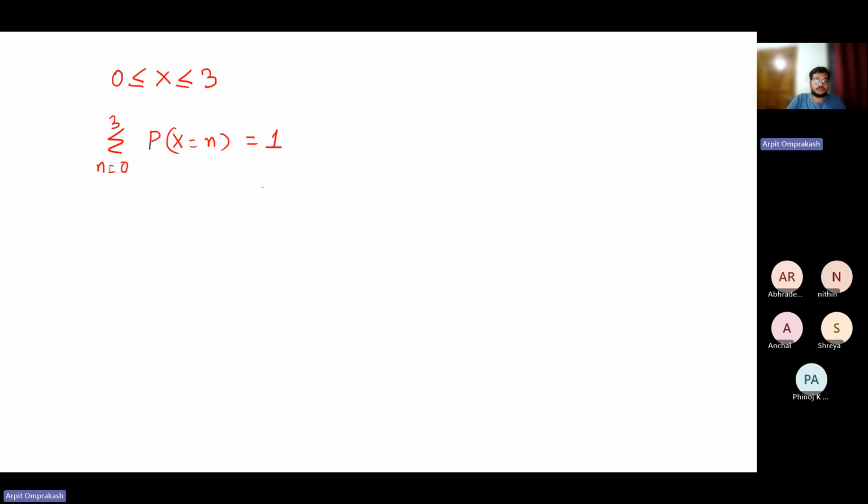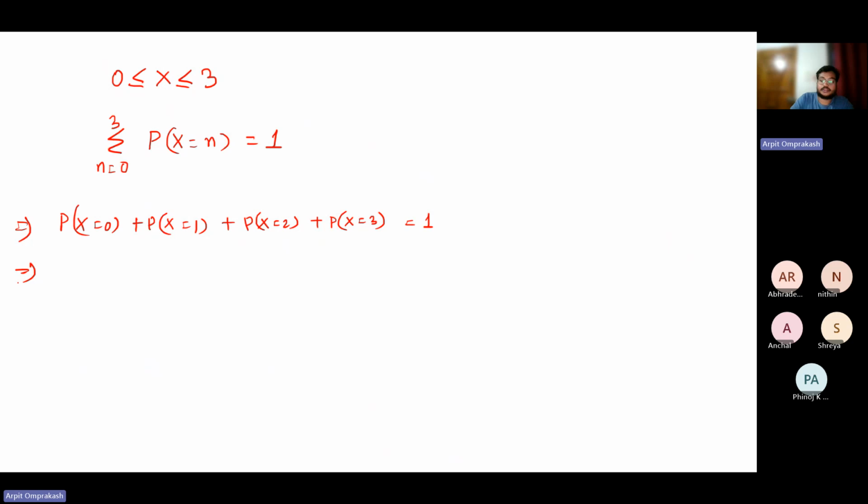So we'll just write this equation down. The summation is probability that x equals 0 plus probability that x equals 1 plus probability that x equals 2 plus probability that x equals 3 is equal to 1.